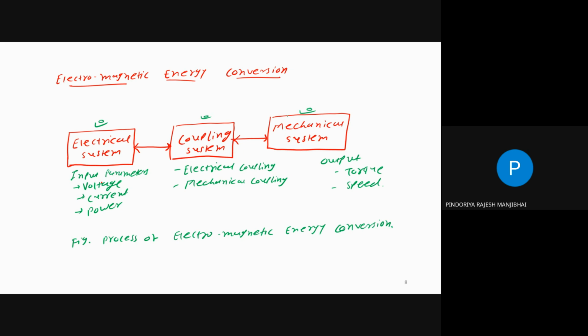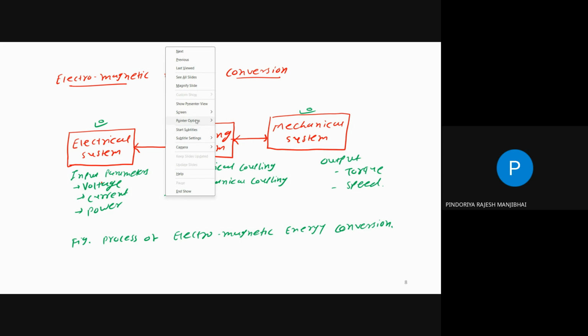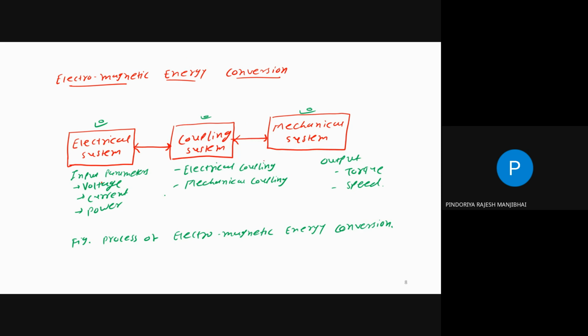The electrical system is your input, the input energy, that is power. Coupling may be electrical or mechanical. Then for the mechanical system the output is torque and speed. So this overall process is the block diagram of the electromechanical energy conversion system, correct?